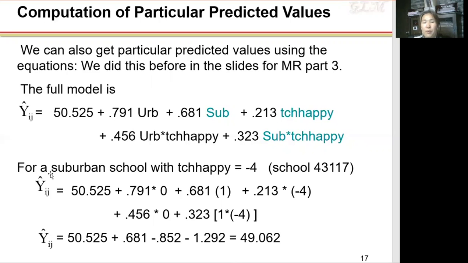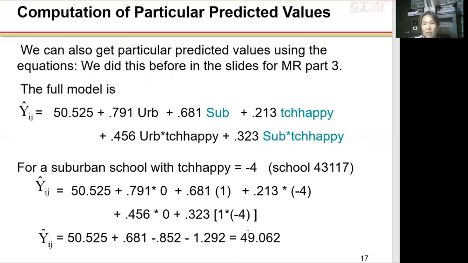So, for example, for the school with this case number, the teacher happiness was coded as -4. Then you can plug this -4 in the equation line.